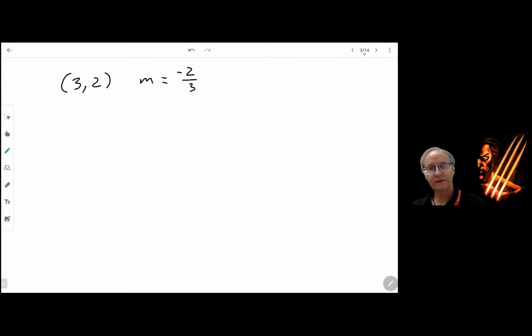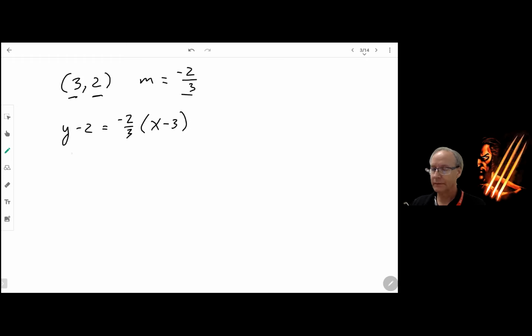If I want point-slope, all I have to do is take y minus 2 is equal to negative 2/3 times x minus 3. All I did was zero out my y and my x and put my 2/3 in.